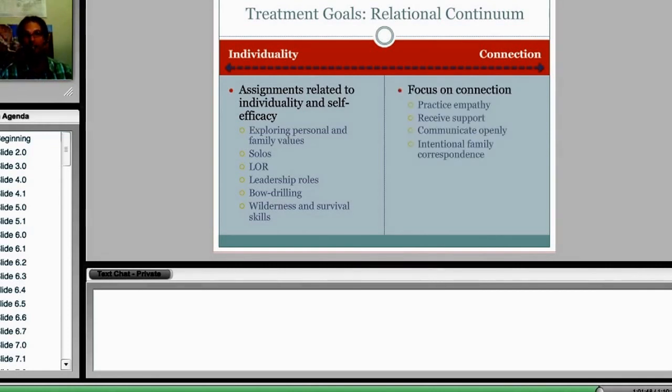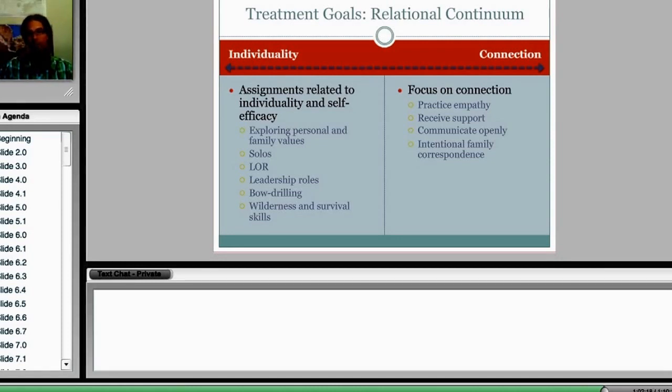On the connection side of things, we encourage that level of cohesion. We build and practice empathy. We want the students to practice that not only with each other, but with guides and parents, to understand what it is like to connect to somebody so independent of them, and to know what's going on for them. Being able to receive support is hard for many students, to be open to receive that support, and that is a part of connection.